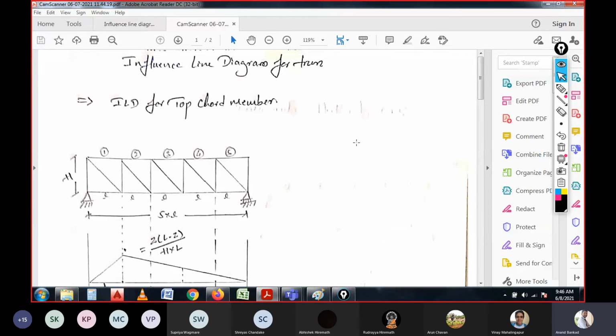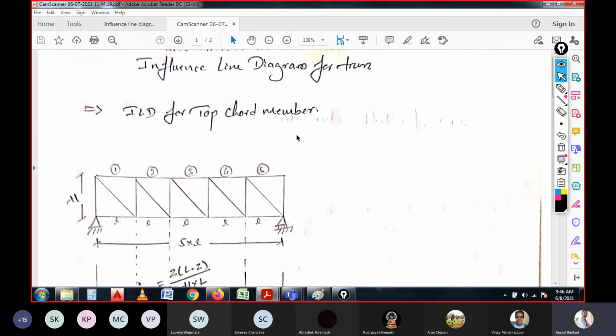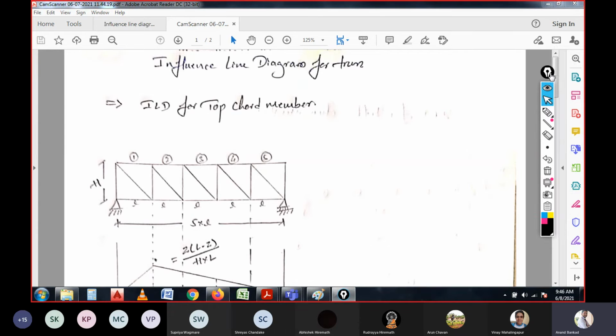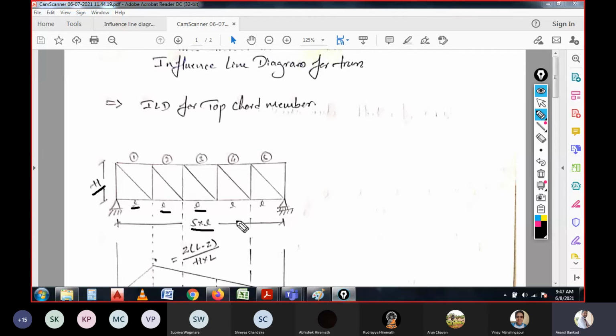I hope that it is visible clearly for you. Here, if you observe, this is a truss having the height of h and the distance of l for each span, and the total span of the truss will be 5 times l.